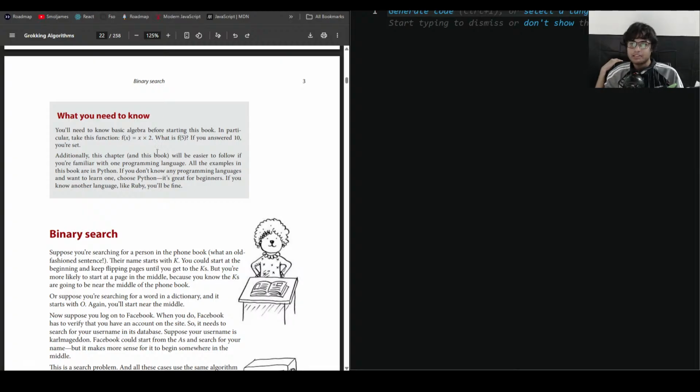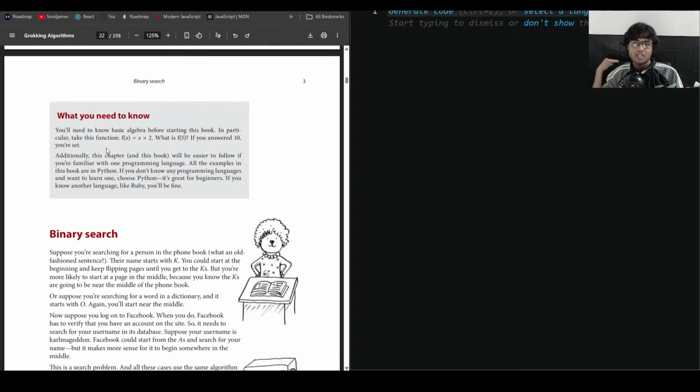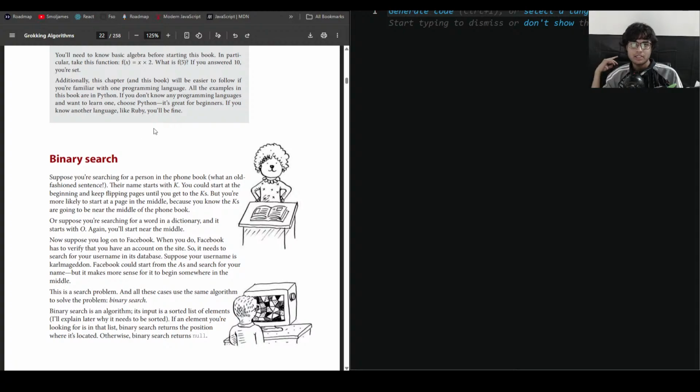All the examples in this book are in Python. If you don't know any programming languages and want to learn one, choose Python. It's great for beginners. If you know another language like Ruby, you'll be fine.